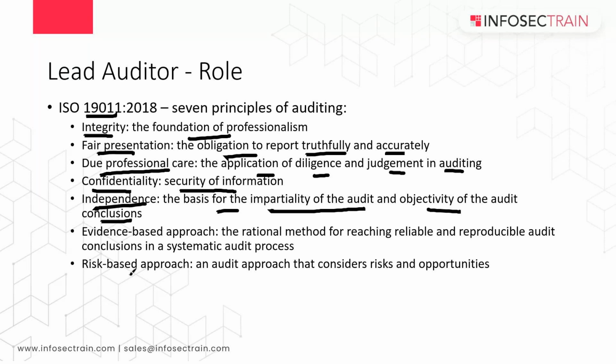And then the principle of evidence-based approach means the rational method for reaching reliable and reproducible audit conclusions in a systematic audit process. Every audit finding to be supported by an evidence. And then taking the risk-based approach for auditing. An audit approach considering the risks and opportunities means higher risk areas to be paid more attention to.